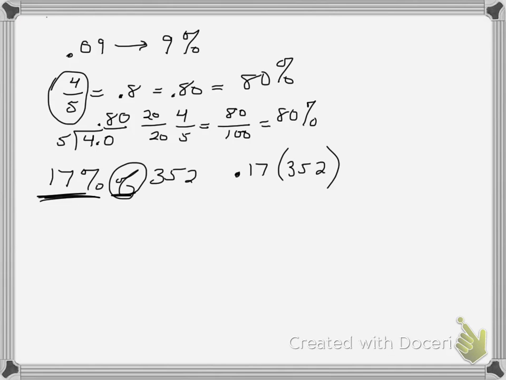Another way I could look at it is 17 over 100 equals what over 352? I'm sorry, 17% can be written as 17 over 100. So I could solve this by cross-multiplying as a proportion.